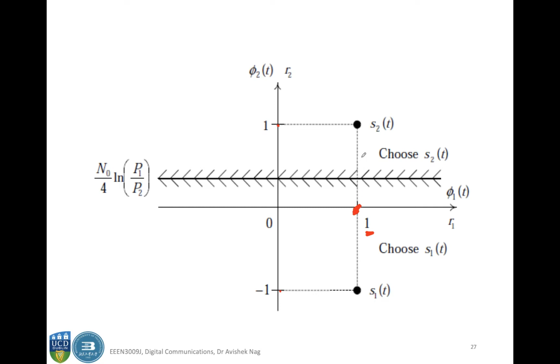So in this case, if you draw the decision boundary, the decision boundary is this one. Basically it's only the phi2 component that is necessary to judge the received signal with respect to the transmitted signal.